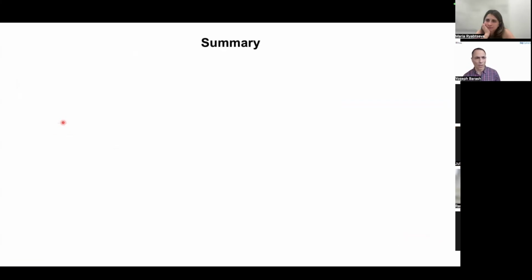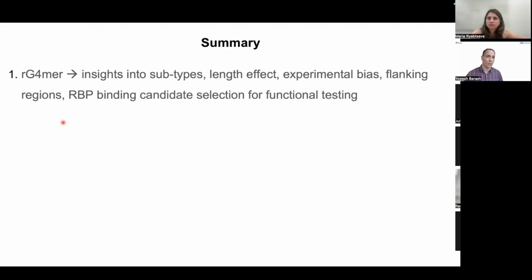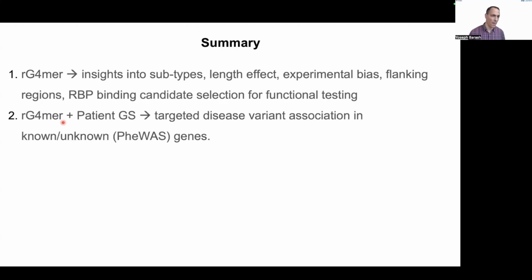Okay, so to summarize, I showed you GFormer, this language model based transformer to get insights into G4 subtypes, length effect, experimental biases that we discussed, flanking regions importance and context dependency, and RBP binding candidate selection for functional testing.